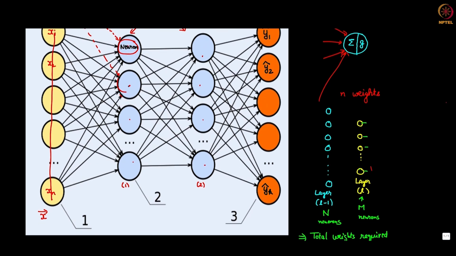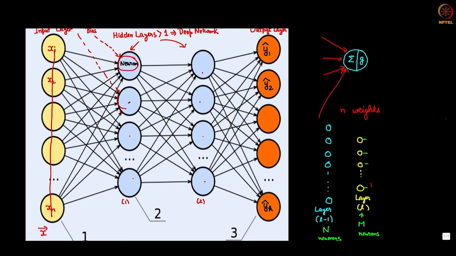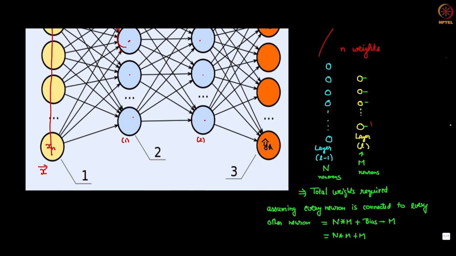In a feed-forward network, all you need to do is give the x vector and all the weights in every layer, and we can find out the y hat vector.